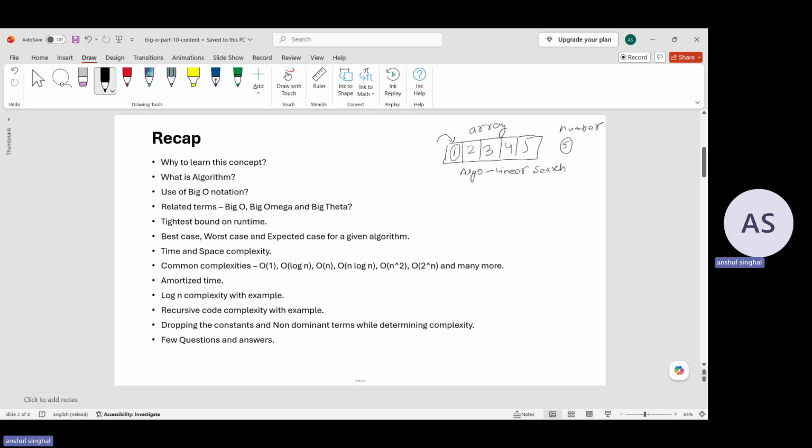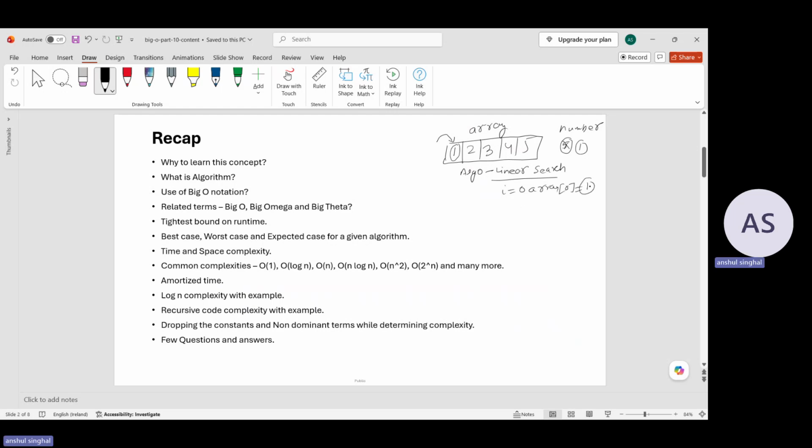In that case, the best case would be that we are given this array and we have to find a number. Let's say rather than 5, we are given the number 1. What will happen in our linear search algorithm is that it will go with the first index, where i is equal to 0. Array at 0 is 1.